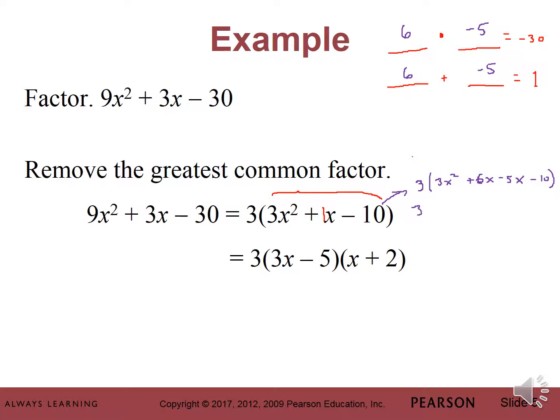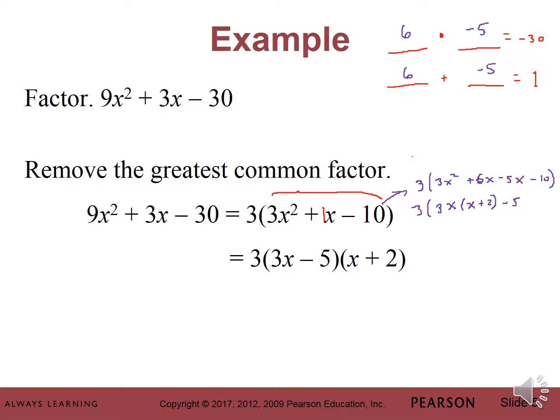But now we're going to break up the middle term. 3x squared plus 6x minus 5x minus 10, factored by grouping.